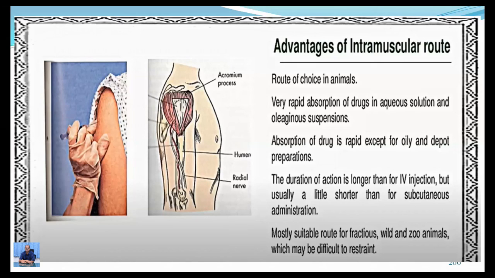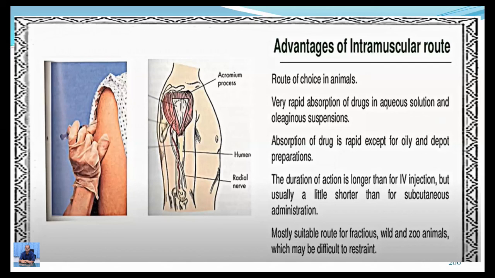So, advantages of the intramuscular route. This is a route of choice, especially in the case of wild animals, because restraining is very difficult. There is very rapid absorption of drugs in aqueous solution and in suspension. Sometimes the drug is a little suspension in nature, and such drugs are administered for fast absorption.